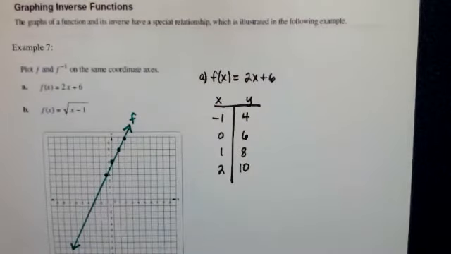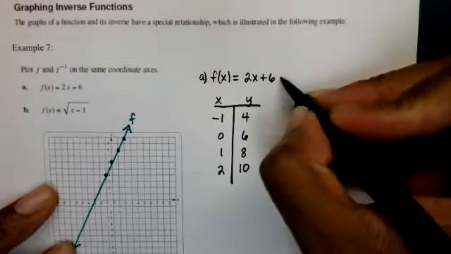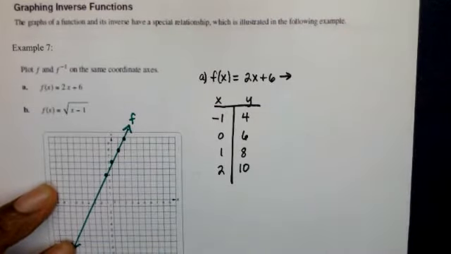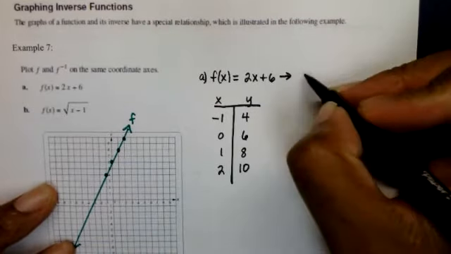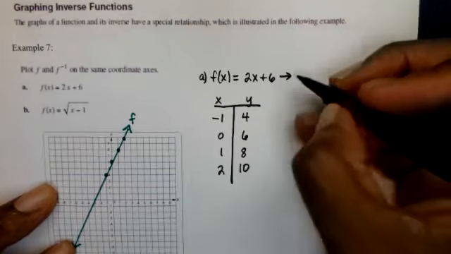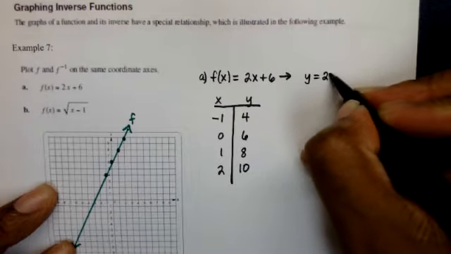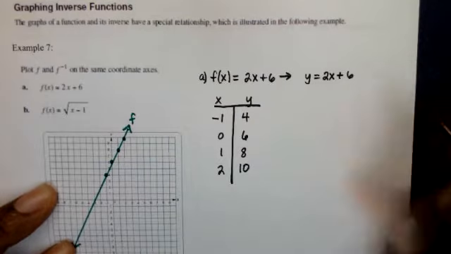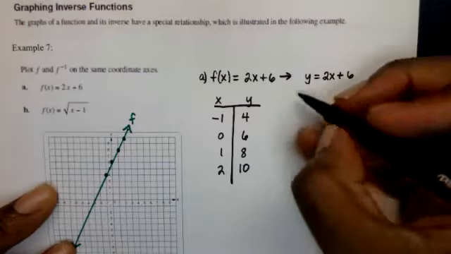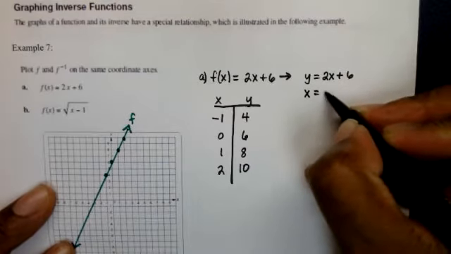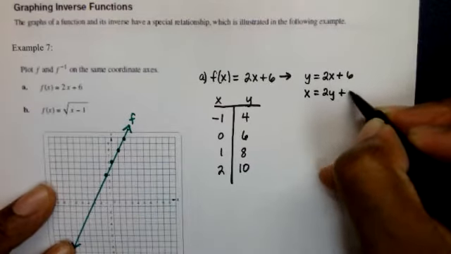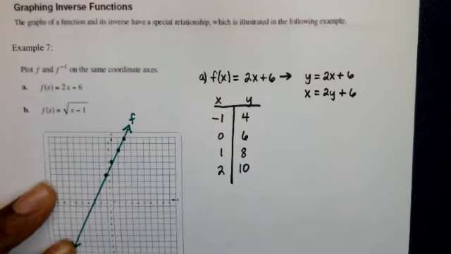For the sake of it, let's find out the equation for f inverse of x by letting f of x be y. So y equals 2x plus 6. And then we interchange x and y. So this will be x equals 2y plus 6.